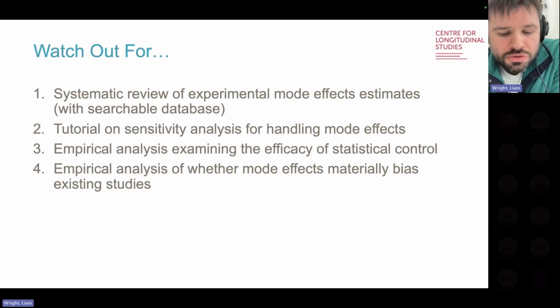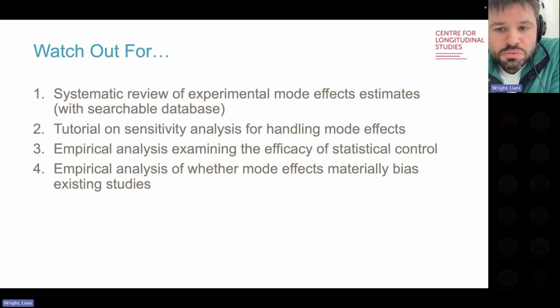But another is answering the questions of which methods work in practice and are mode effects actually sufficient to change results in real world data. So one analysis we're going to do is to use negative controls to look at whether statistical control can account for mode selection sufficiently to reduce any mode differences in those negative controls to zero. Because if you can reliably use statistical control, then that's an easy method for people to use.